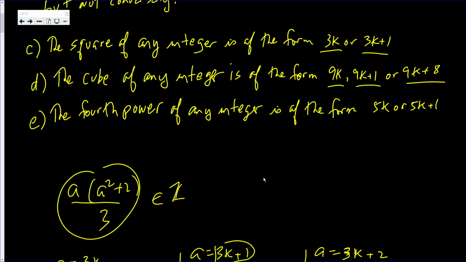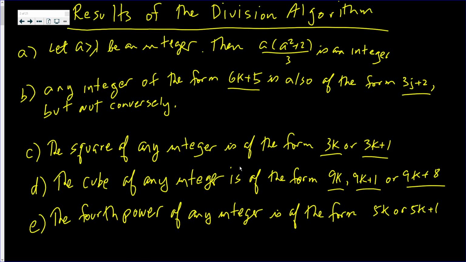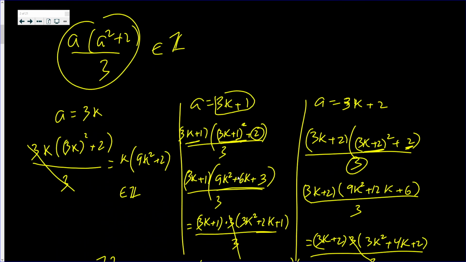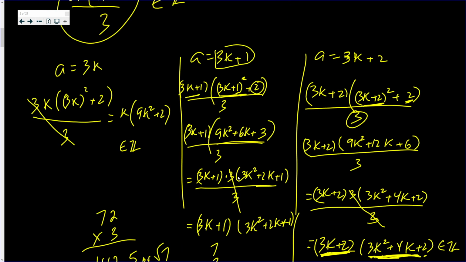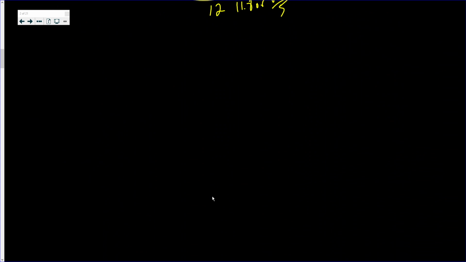Okay, let us look at the next one. It says every integer of this form is also of that form. Okay, so if you have 6k plus 5, if you have a number that's in this form, well, 5 is 3 plus 2.